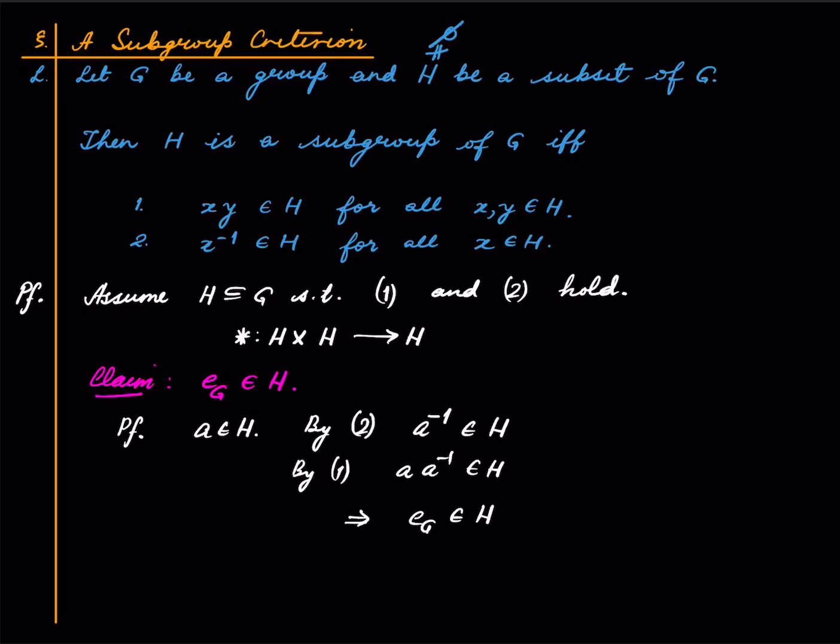Associativity I did not check, sorry for that, but it follows from the associativity of the binary operation in G. So associativity I leave as an exercise. There is nothing to do there really. And we just showed identity: EG serves as an identity of H. And inverses are already built into 2, they follow from 2.